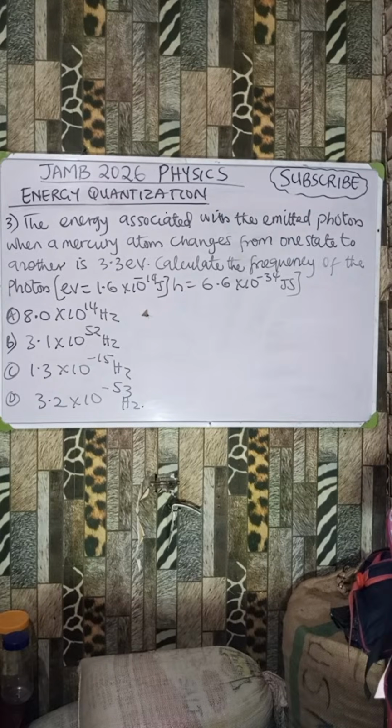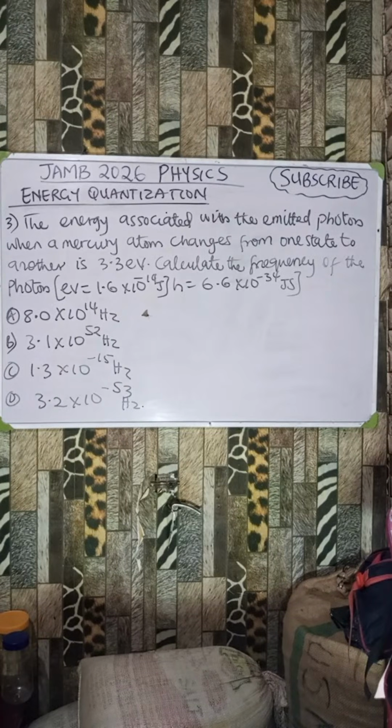All right, so now look at this question on the board. The question says, the energy associated with the emitted photon when a mercury atom changes from one state to another is 3.3 electron volts, right? We are asked to calculate the frequency of the photon, and we are given electron volts to be 1.6 times 10 raised to the power of minus 19 joules.